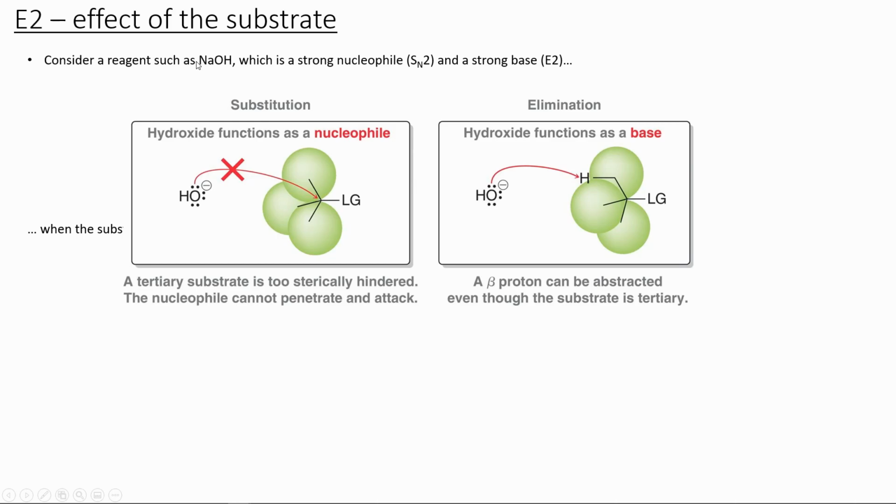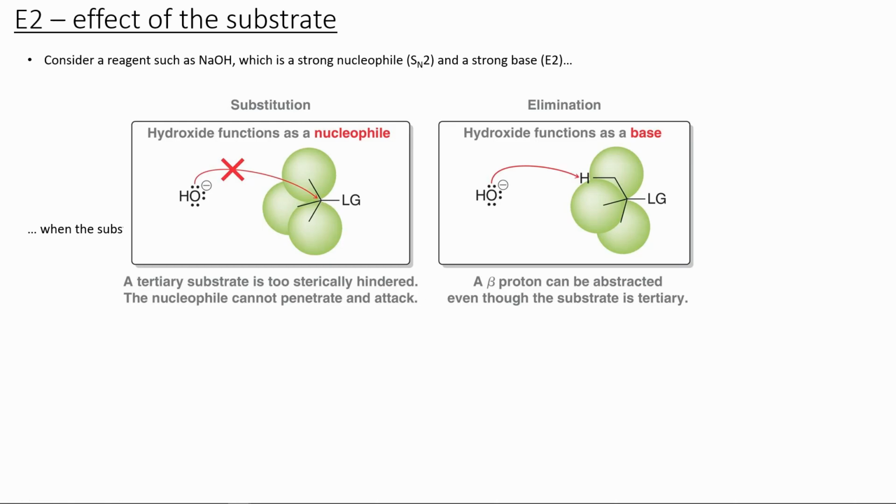If we look at a molecule like this tertiary carbon attached to a leaving group, we could have hydroxide function as both a nucleophile or as a base. It's going to be much more likely to react as a base because of how substituted this carbon is. Remember, a tertiary carbon is not a good carbon for an SN2 reaction.